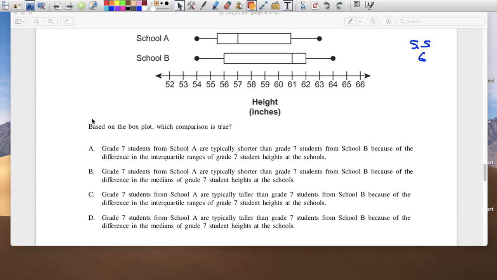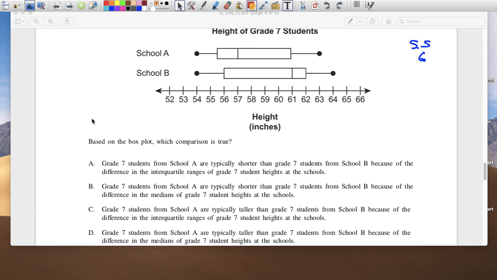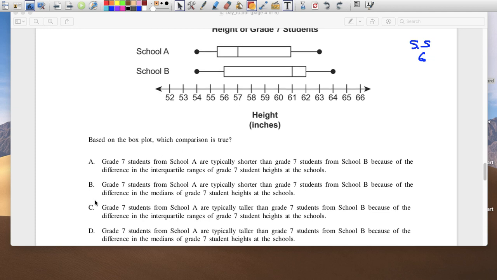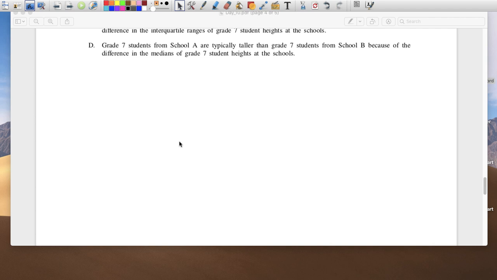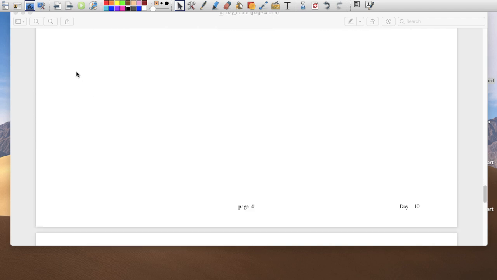No. Students from school A are typically taller? No. The only one that makes sense is, which one was it? This one, B. Right? I guess we just have to read it all. This doesn't look like the sheet we were doing, is it?